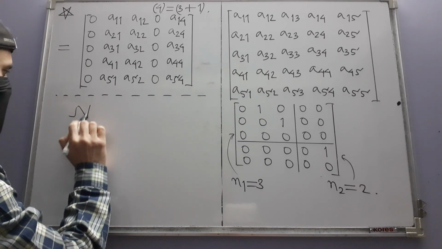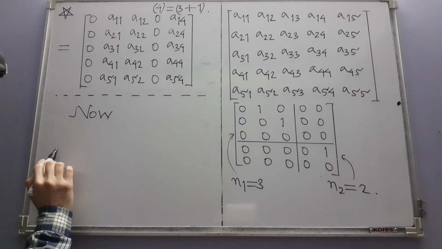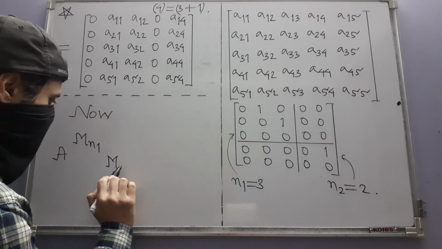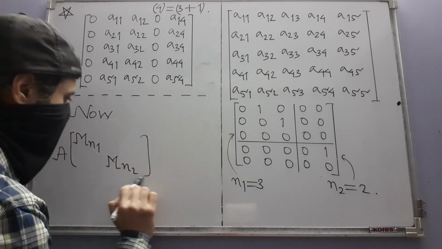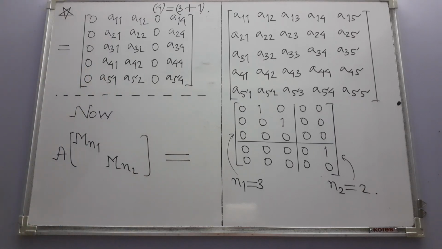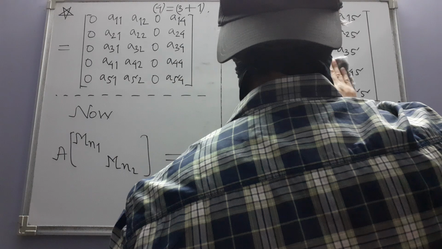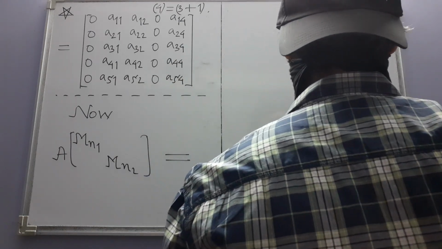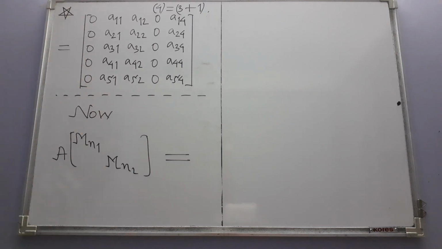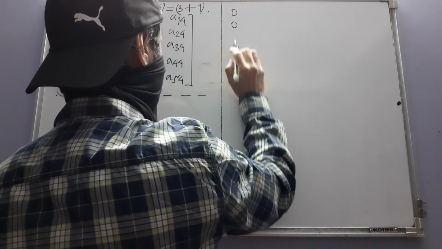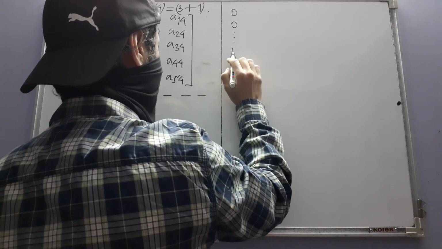Now, A times M_{N1,N2} is equal to, this is how the general one is going to appear. The first column is going to be 0.